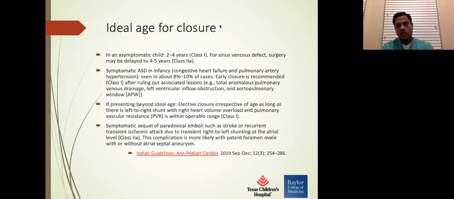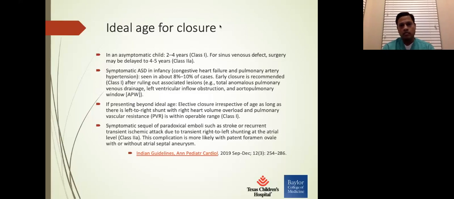I personally have done a 5-kilo child who had pulmonary hypertension and a Down syndrome child with significant high QP:QS. So it could be done in smaller children also, depending on how big the ASD is and how much tissue or rim is around the ASD. But in general, in small children, a surgical closure is preferable.